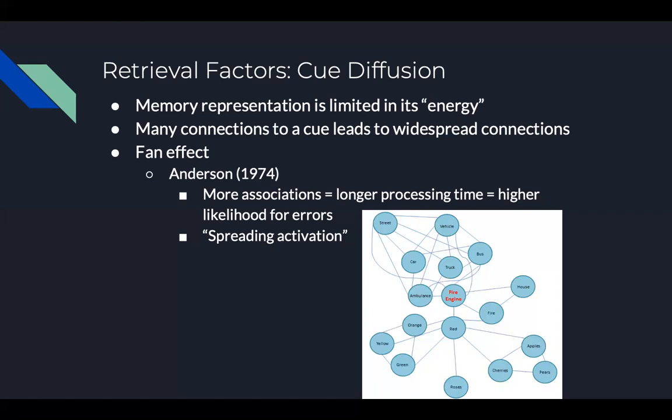And then he later asked the participants to identify if certain sentences were part of the original sentences that they were asked to memorize. And so his findings showed that it was a lot harder for participants to differentiate between concepts that had multiple associations to them.